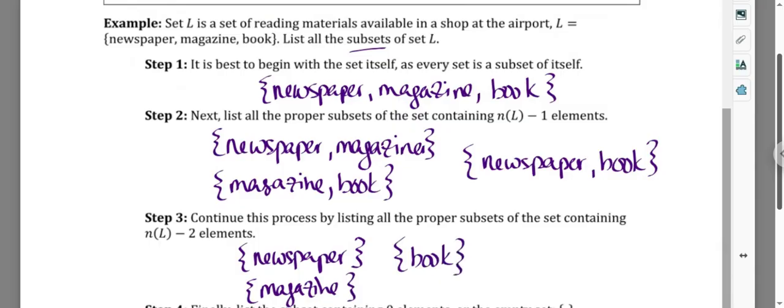And last, all elements removed, the empty set. So there are 8 subsets for the available materials in the shop.